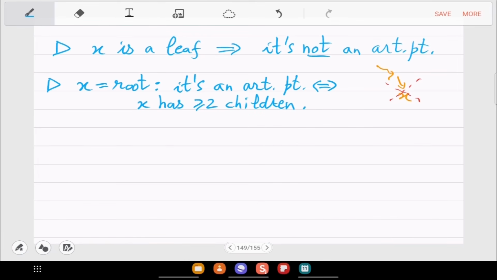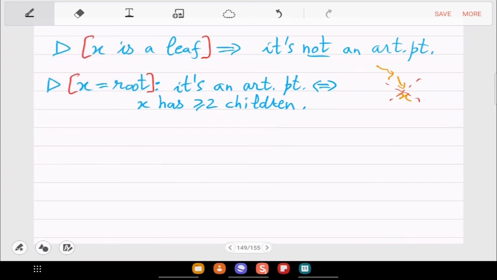So these are the cases. So this finishes all the cases: internal node, leaf and root.